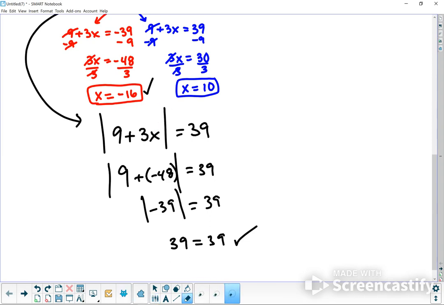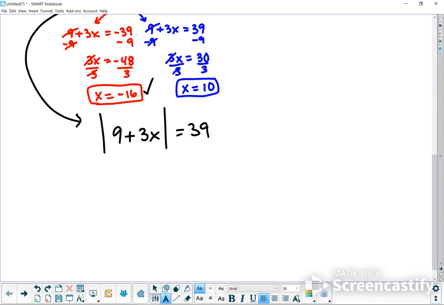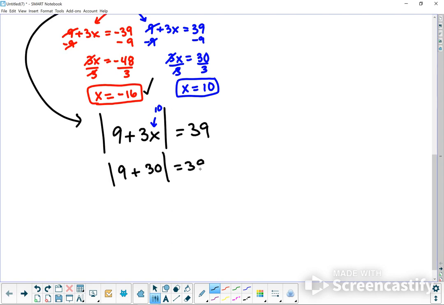And now we're going to do the same thing, except now we're going to do it with 10. So with 10, we're going to put in 10 right here. By doing that, I get absolute value of 9 plus 3 times 10, which is 30. And absolute value, 9 plus 30 is going to be 39.